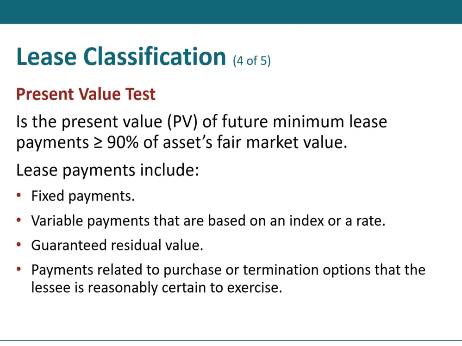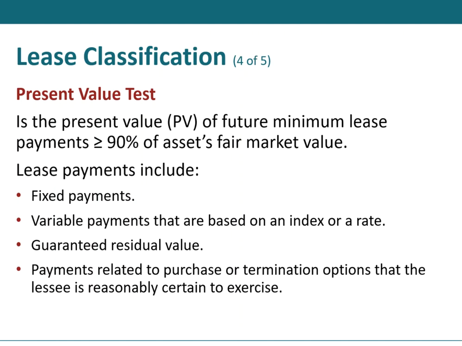The next test is a present value test. If the present value of all the future minimum lease payments, those are the periodic payments and any residuals at the end, are greater than 90% of the asset's fair market value, well, in that case, the lessee is essentially buying the asset, and we will treat that as a financing lease. And again, lease payments will include fixed payments, variable payments, guaranteed residuals, and any cash payments from the lessee to the lessor.